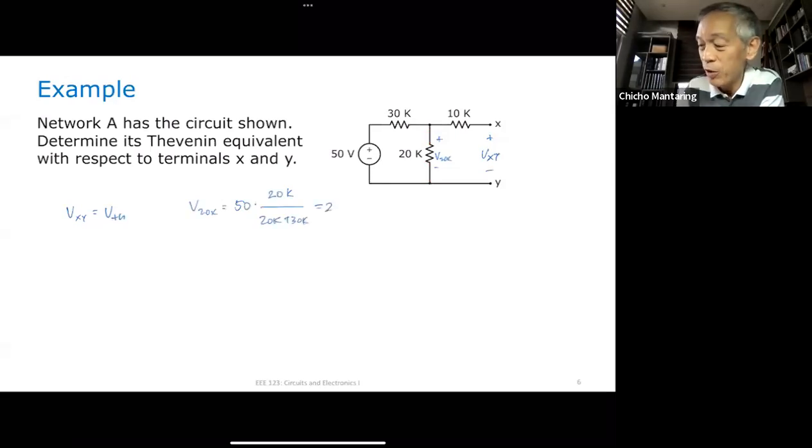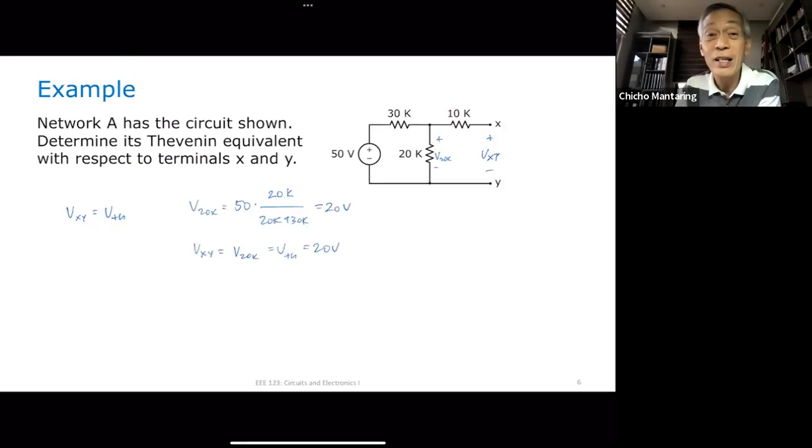So this is going to give me 20 volts. And because there is no voltage drop across my 10K, Vxy is just V20K, which is also my VTH, which is 20 volts.